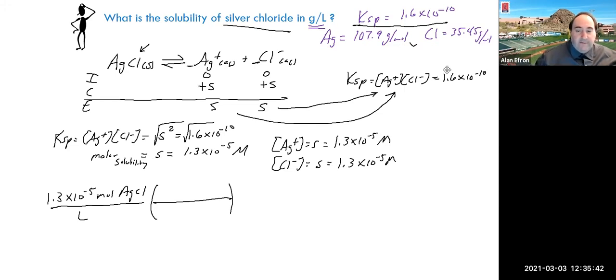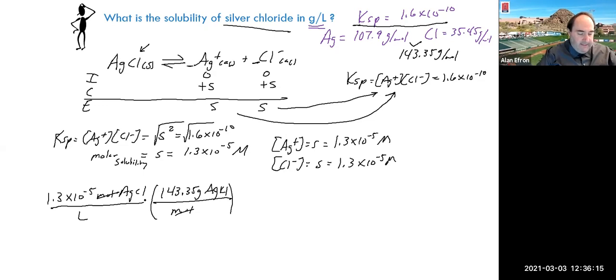And if we just add those guys together, 107.9 plus 35.45, looking like 143.35 grams per mole is the molar mass of silver chloride. The grams would go on top so that we end up with grams per liter. Moles will cancel, again, leaving us, like I said, grams per liter.